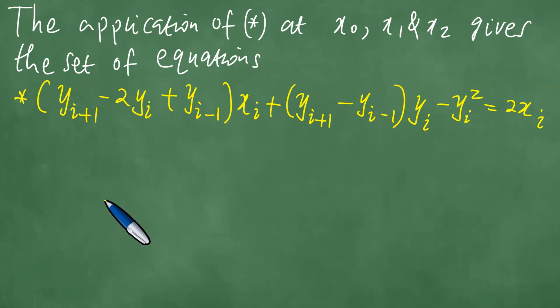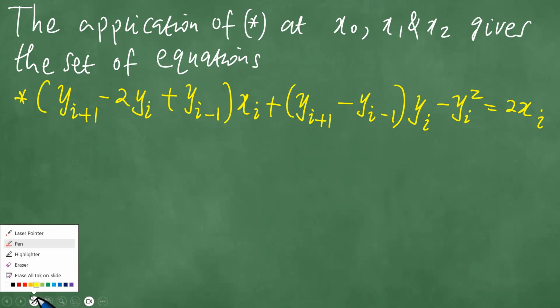So we analyze this because now the x's themselves are 3 of them. And because they are 3 of them, we actually expect the number of equations to be the same, 3. Okay, so let us write those out.